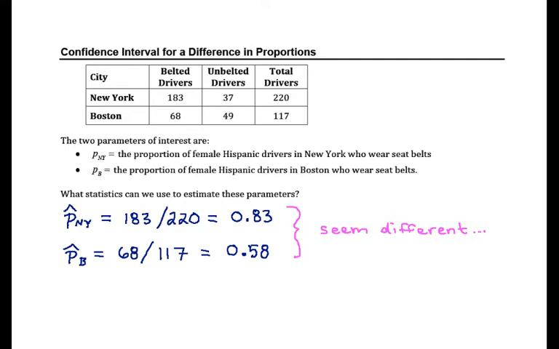If you were to take a sample of drivers in any two cities, even if there's no real difference in behaviors, you don't expect to get the exact same proportion in your sample. So is this the kind of difference that could be due to random chance, or is this a sign that behaviors are different in these two cities? So right now we're just going to estimate the difference with a confidence interval.